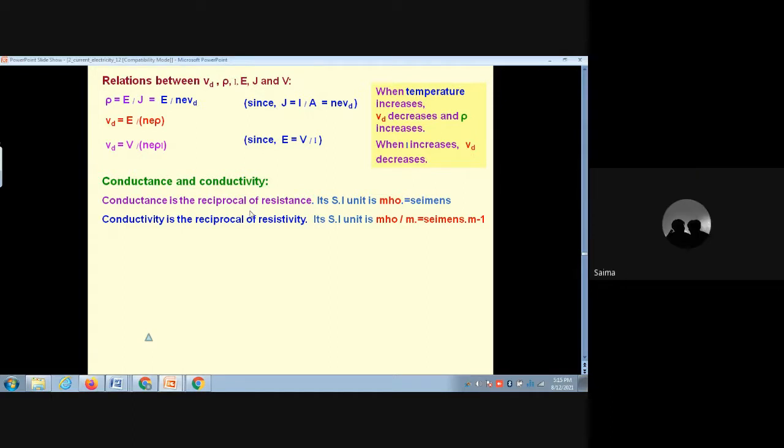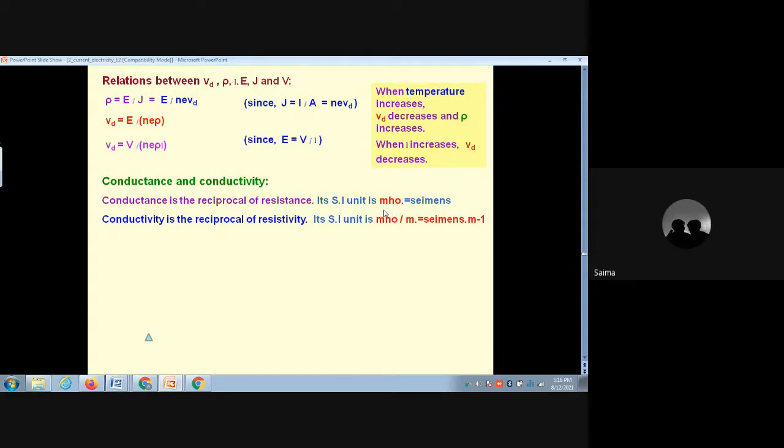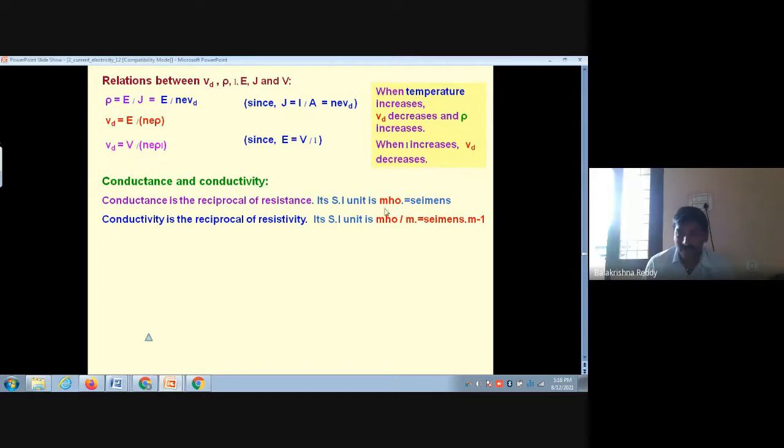Since conductance is reciprocal to the resistance, in the SI unit system, since resistance is ohm, conductance can be written as mho. Mho is also called Siemens. Siemens is named after a scientist, the unit has been taken from that name.